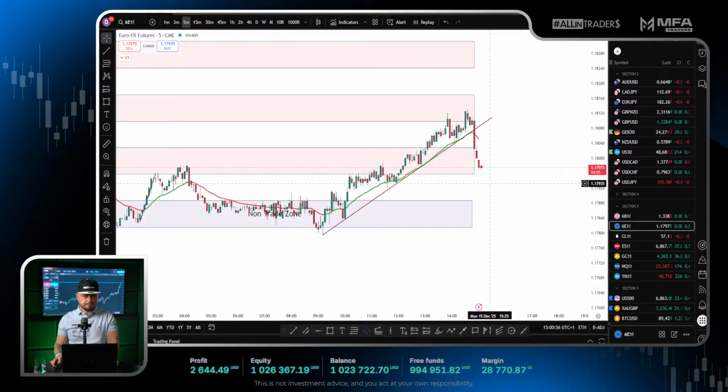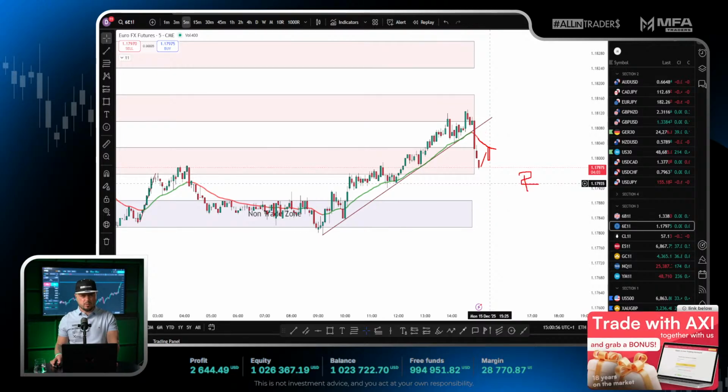If we go back and touch the exponential moving average, and there is a nice reaction of sellers, I can open the trade with a small stop loss, risk to reward 1 to 2.